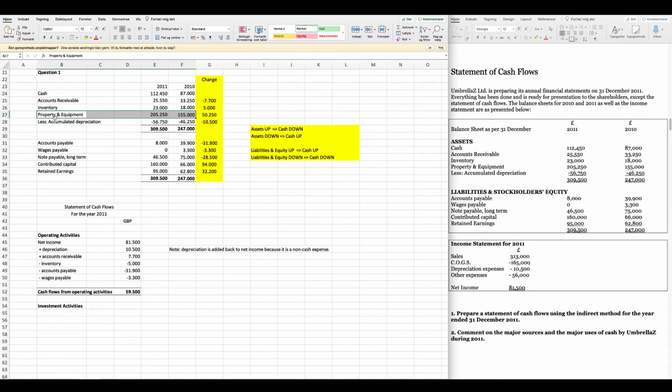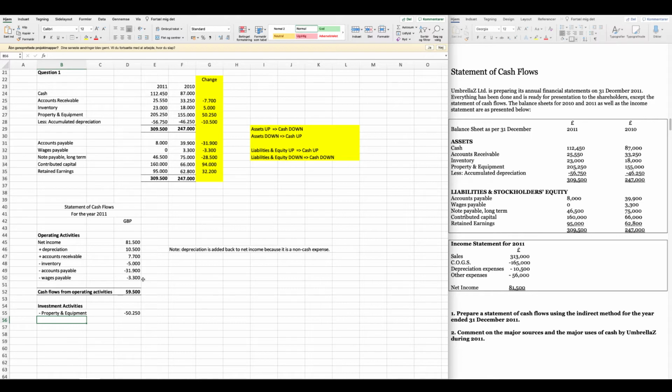As per our calculation, this corresponds to an increase of 50,250, which means that if we interpret it with the cash lens here, we have that assets have gone up, and the result in terms of cash is that cash has gone down. So I'll want to note here that we have a negative property and equipment. That is the cash effect. That's why I write it as a minus, of course. And that is minus 50,250, like so.